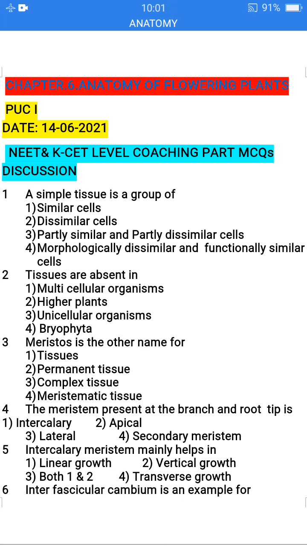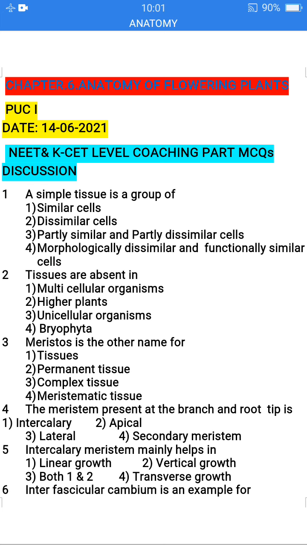Apical meristematic tissues are present at the shoot tips of trees and plants and the root tips of plants and trees, and also at the lateral sides which comprise axillary buds. So axillary buds also comprise apical meristematic tissue. So the correct answer for this question is option 2. Hope you understood the explanation for the fourth question.